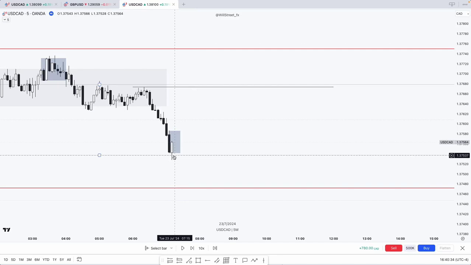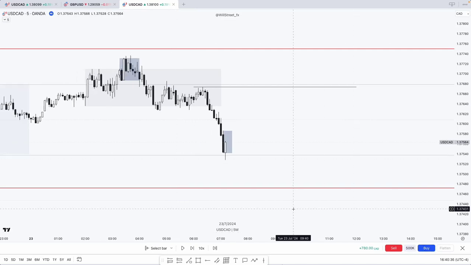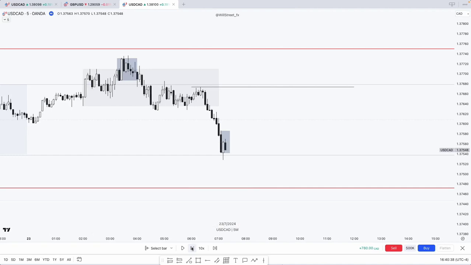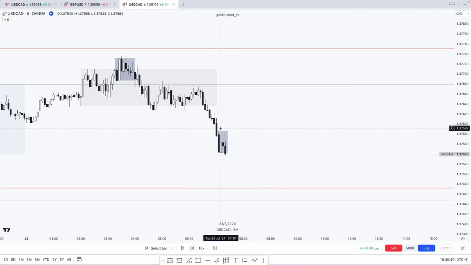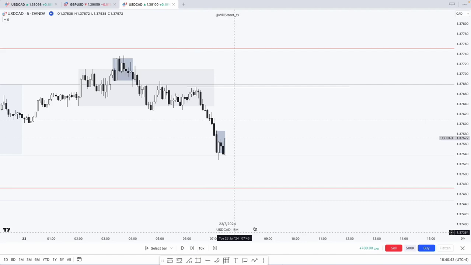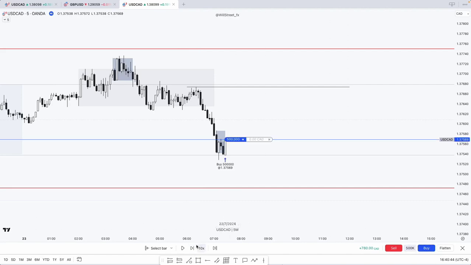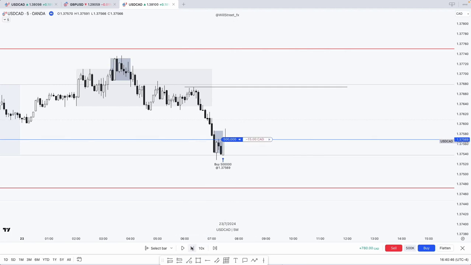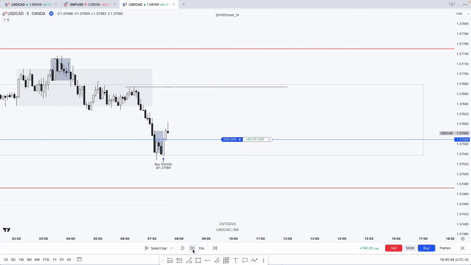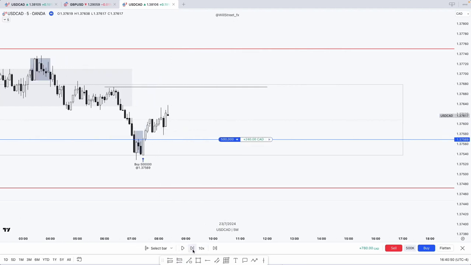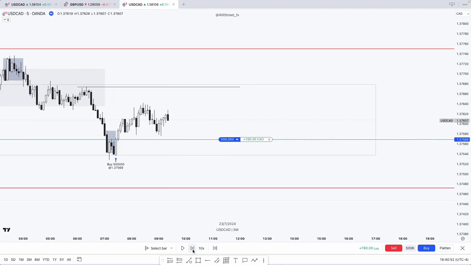Let's try to go long on, well, this is actually New York, but let's try to go long before breaking this high here, the next power of 3. And we exit.